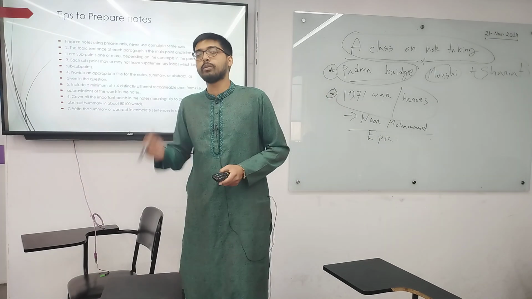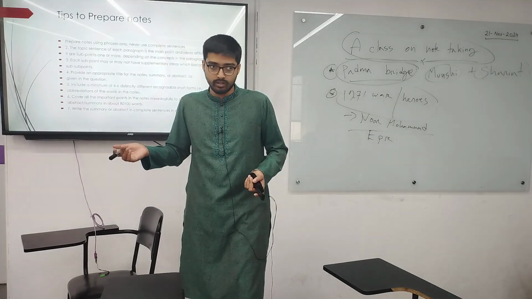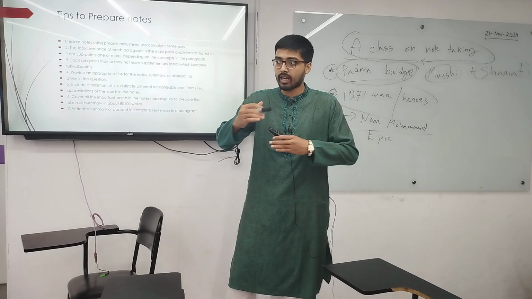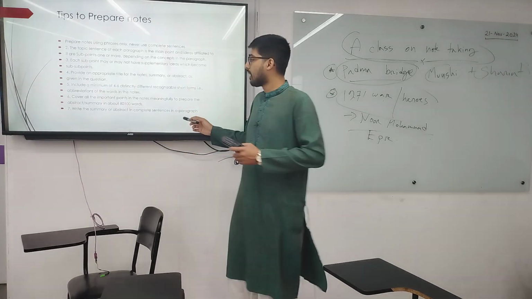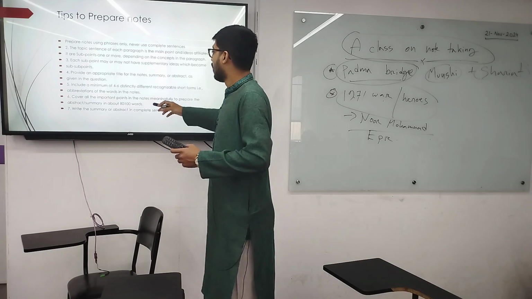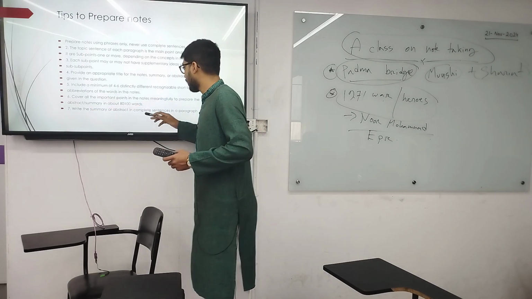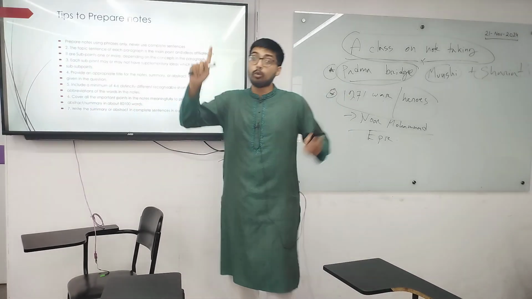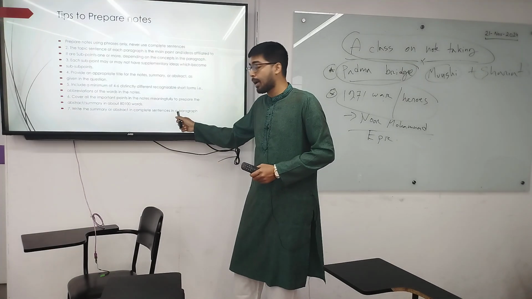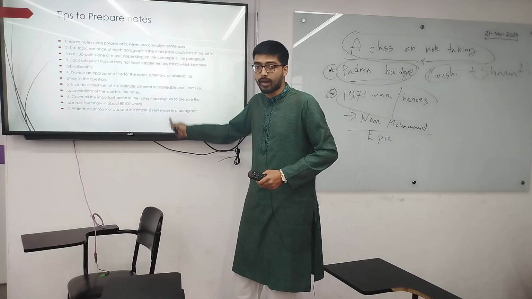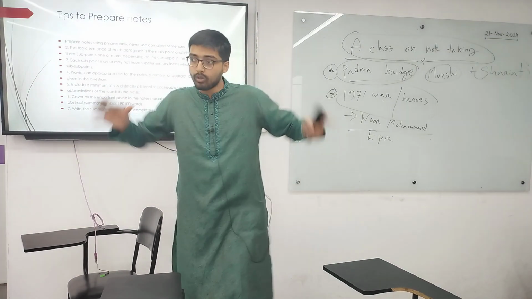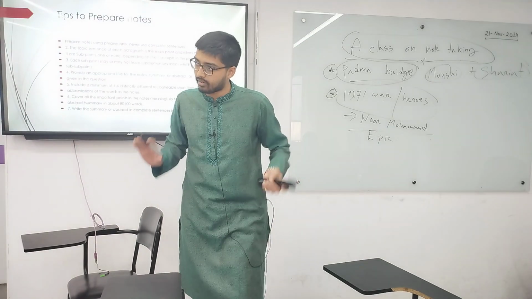The note taking should be in the rough page, no problem of it, and the abstract should be on a clear, plain page. Am I right? Yes, sir. Then write the summary or abstract in complete sentences in one paragraph. That means in one paragraph you will be writing that whole summarization. Am I clear to you?